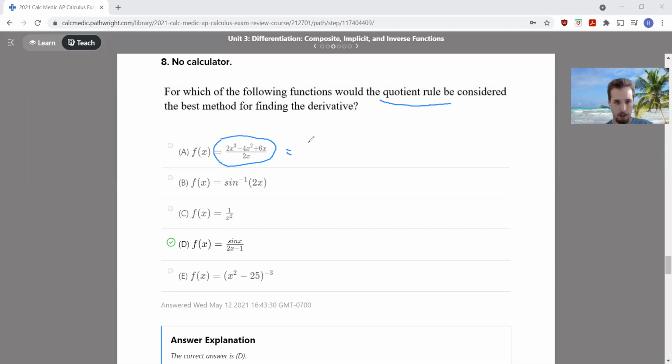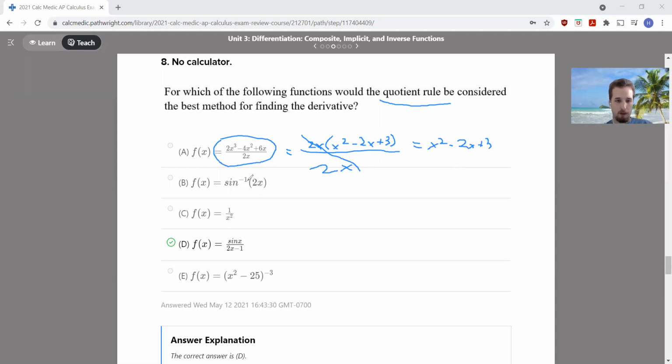So I could rewrite this as 2x times x squared minus 2x plus 3, all over 2x. And so these 2x's cancel, and you're just left with x squared minus 2x plus 3, which is a lot easier, and you don't have to use the cumbersome quotient rule.